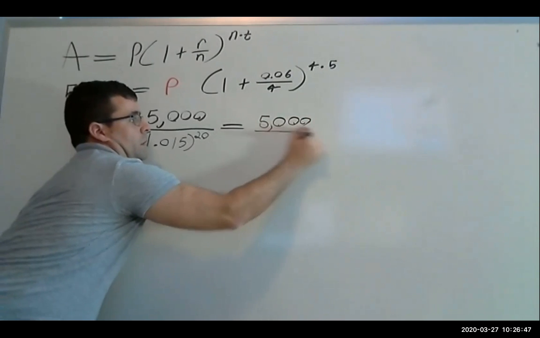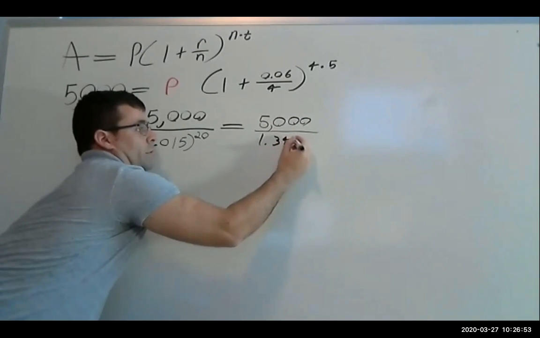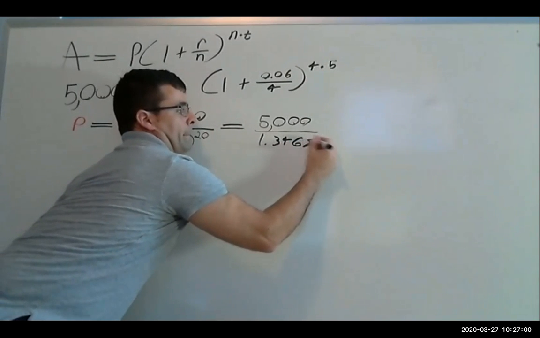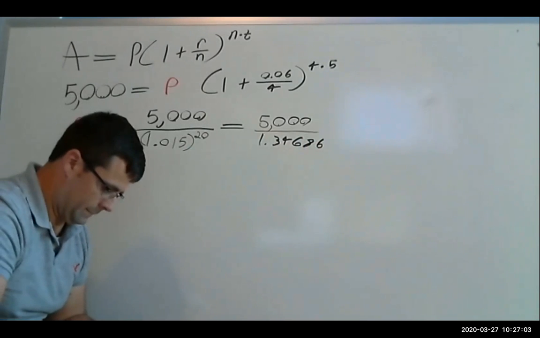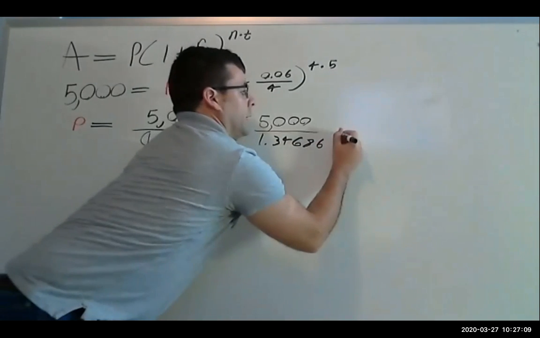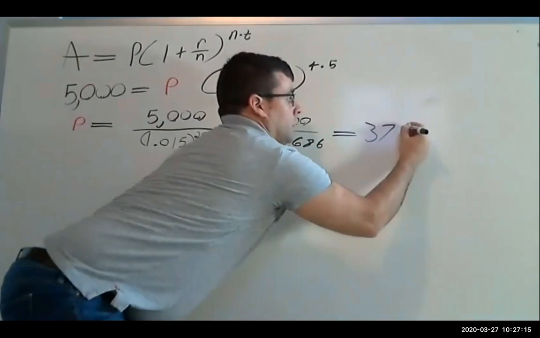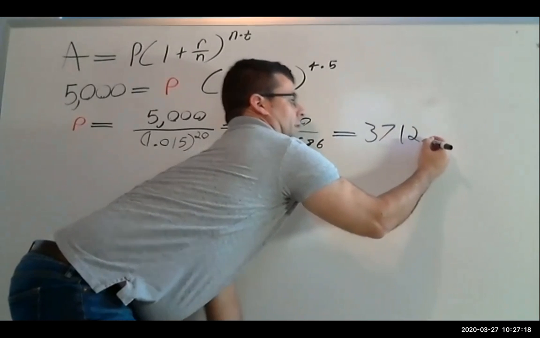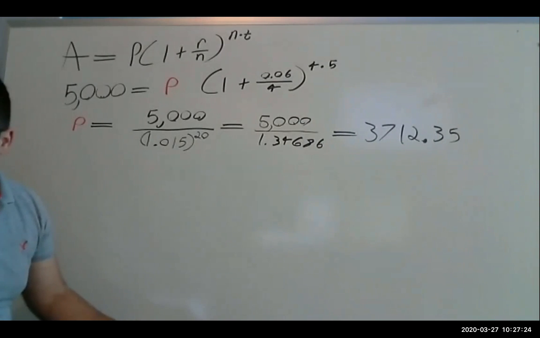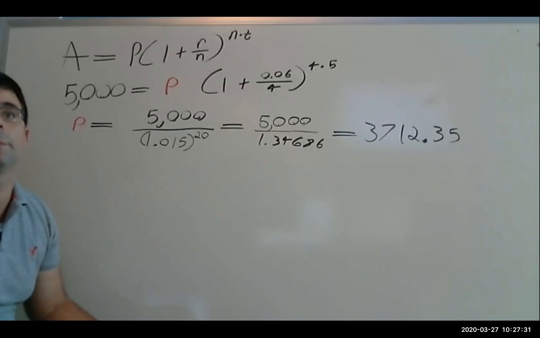Then $5,000, I get 1.3466, and I get 3,712.3. So this is what I get.